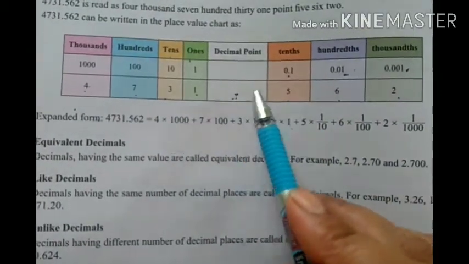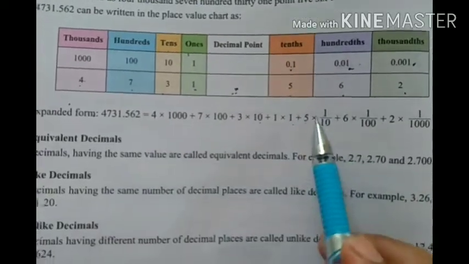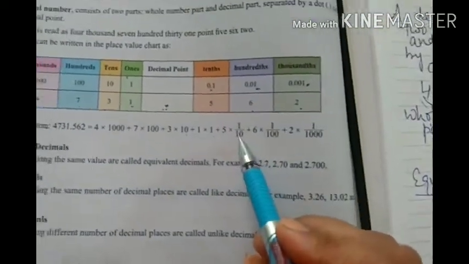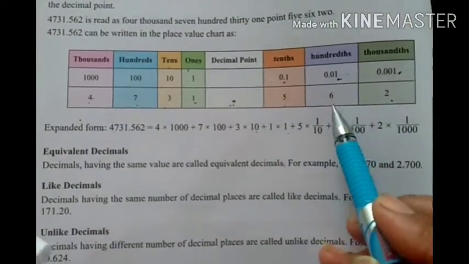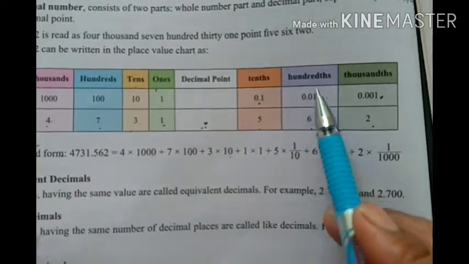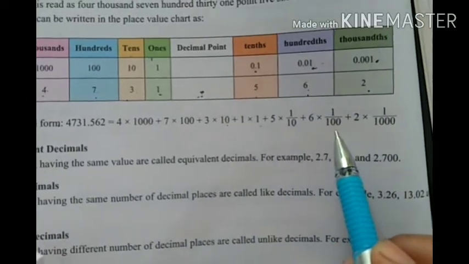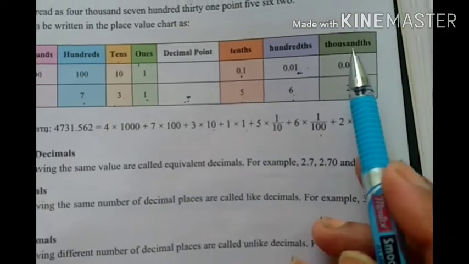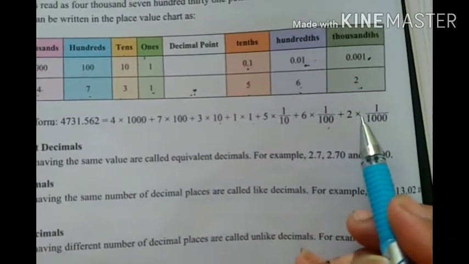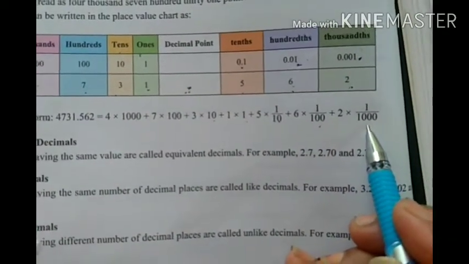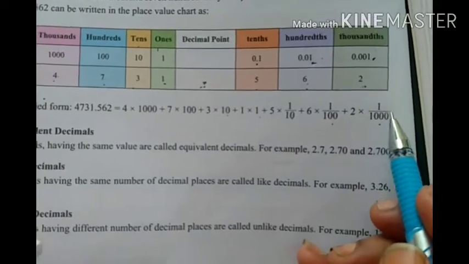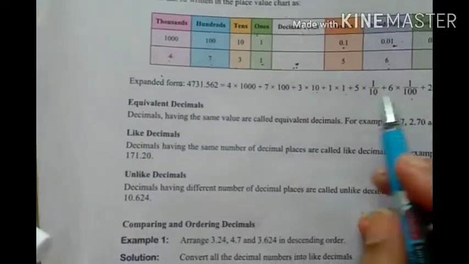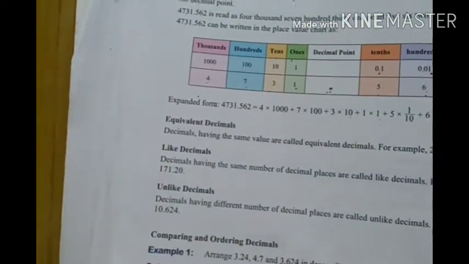And after the point, 5 is at the 10th place, so 5 into 1 upon 10, plus 6 into 1 upon 100, as 6 is at the 100th place, and this 2 is at the 1000th place, so 2 into 1 upon 1000. In this way you will write the expanded form of the decimal number.